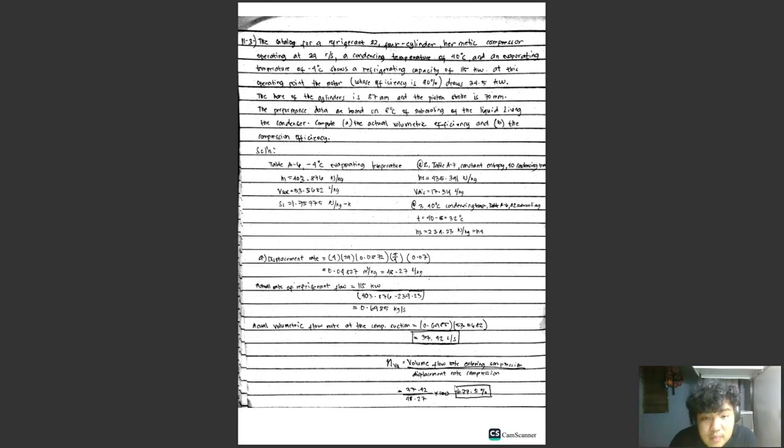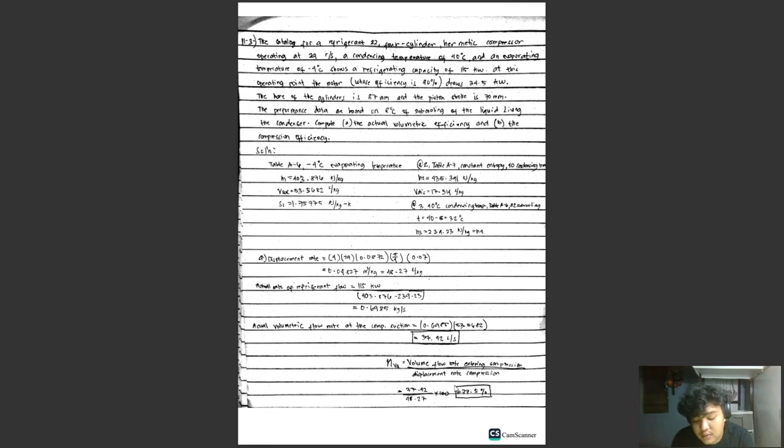At point 2, table A-7, constant entropy, 40 condensing temperature, H2 equals 435.391 kilojoule per kilogram, and we have VDIS equals 17.314 liters per kilogram.